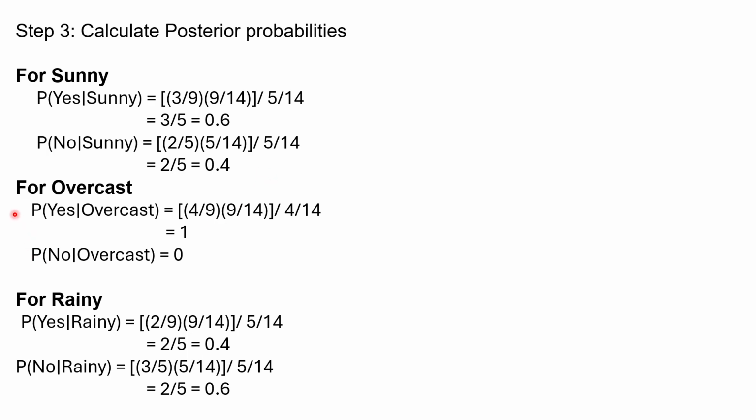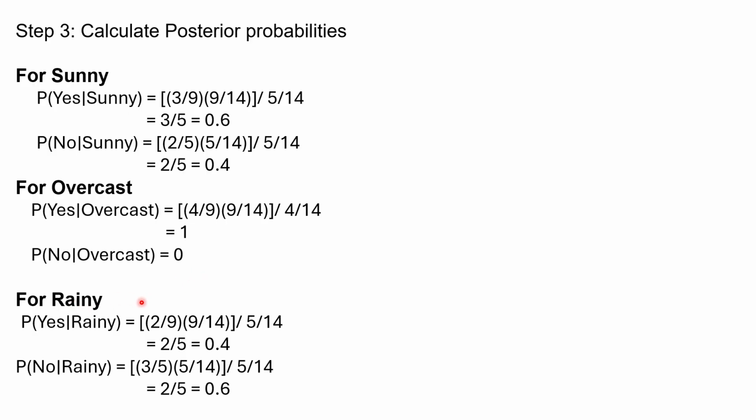Similarly, for the overcast case, P of S given overcast is equal to 4 by 9 into 9 by 14 divided by 4 by 14, which gives us a value of 1. And for the next case, P of no given overcast, the value is 0.